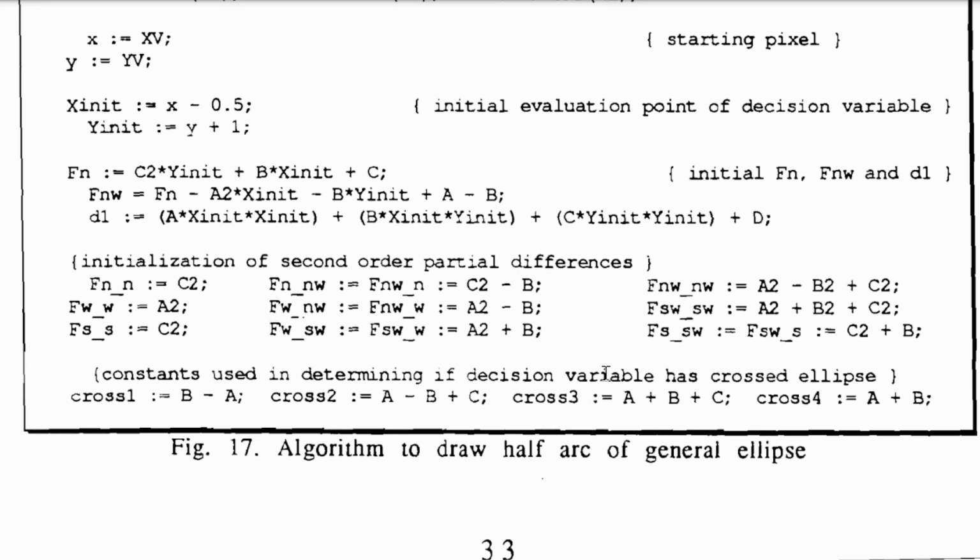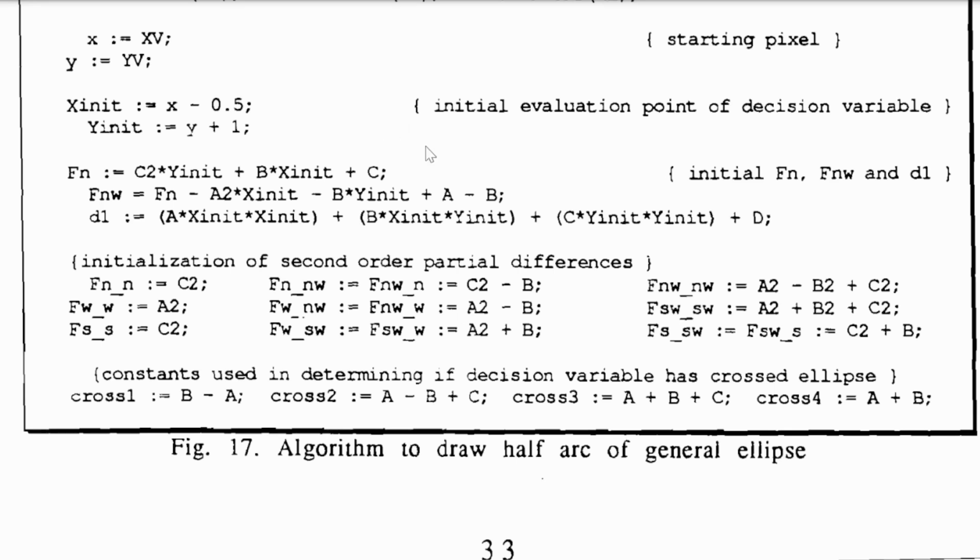Basically, those are going to be used a lot throughout the algorithm, and it would have been really nice to fit these into a single CPU register, but unfortunately these are the values that we need to be 24 bits. C2, by the way, is just 2 times C. So you can see all of these values just based on A, B, and C, those values that appear in the equation of the ellipse. So anyway, these are going to have to be 24 bits. We'll just have to live with that.